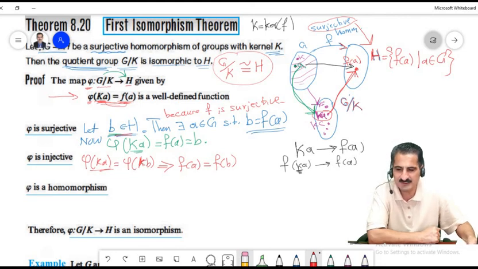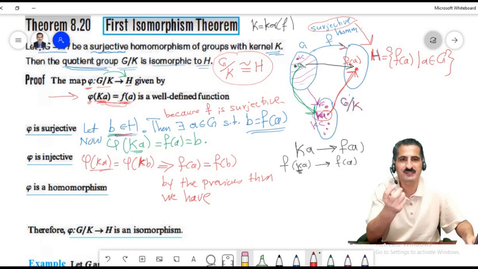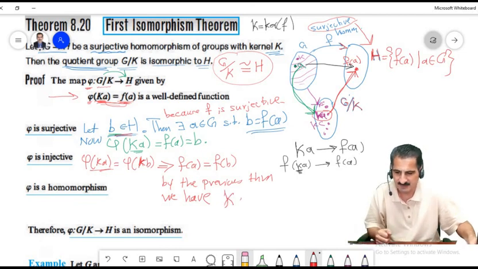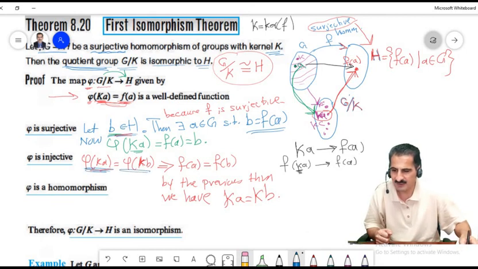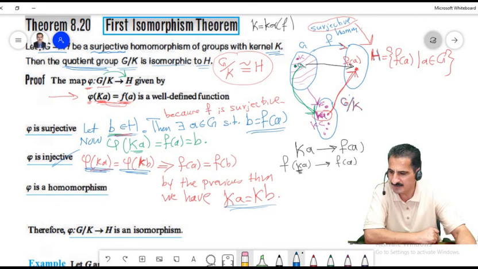But we have just proved, by the previous theorem, that if two elements in the domain have the same image, it's because they make the same cosets for the kernel. So that means Ka equals Kb, and then we're done. Here we assumed that phi of Ka equals phi of Kb, and we proved Ka equals Kb, and that proves phi is injective.